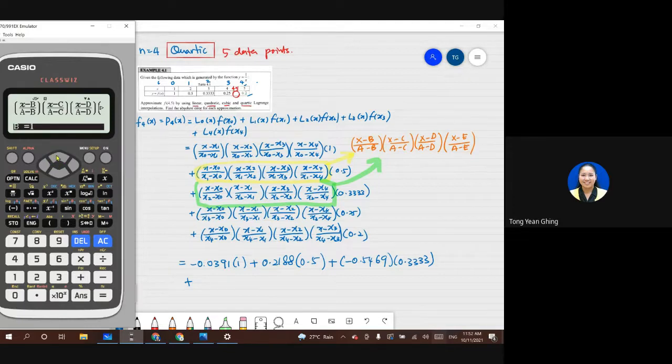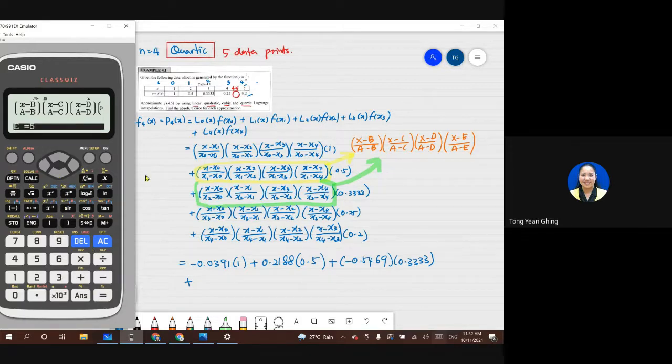So x is 4.5, and then b is x0, that is 1. And then a is x3, so x3 is 4. c is x1, so x1 is 2. d is x2, so x2 is 3.